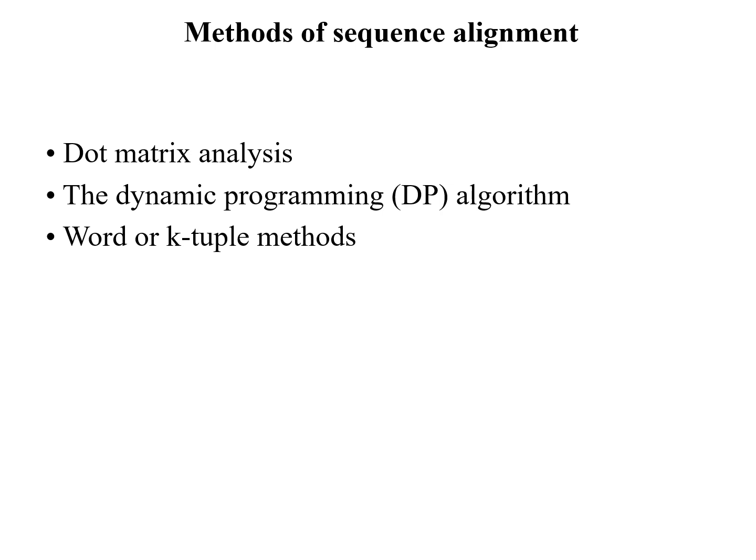The one that we are going to discuss in this session is the dot matrix method, which is also called a dot plot. Another one is the dynamic programming algorithm. It's a very rigorous and time consuming one, but the most accurate on the planet when it comes to sequence alignment. And then you have the word method, which is also called the k-tuple method. For the purpose of this session, we will move on to have a discussion on the dot plot method.